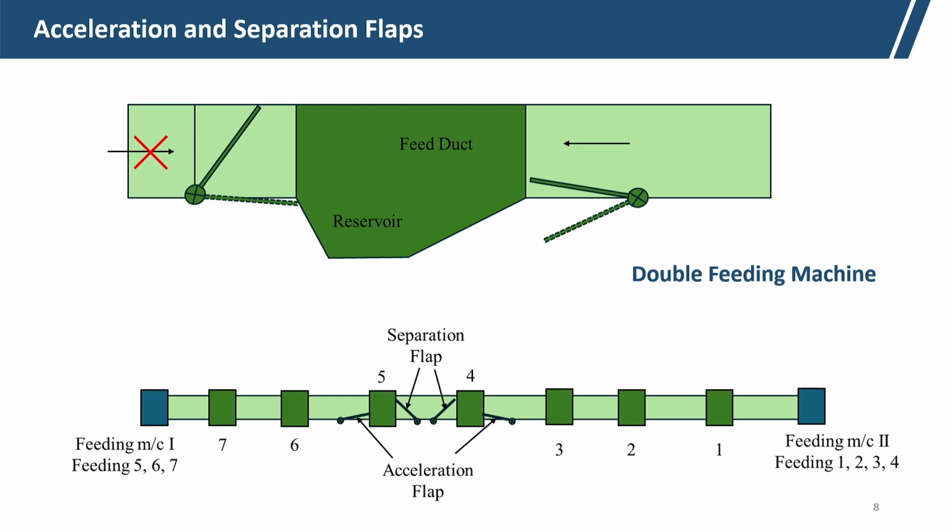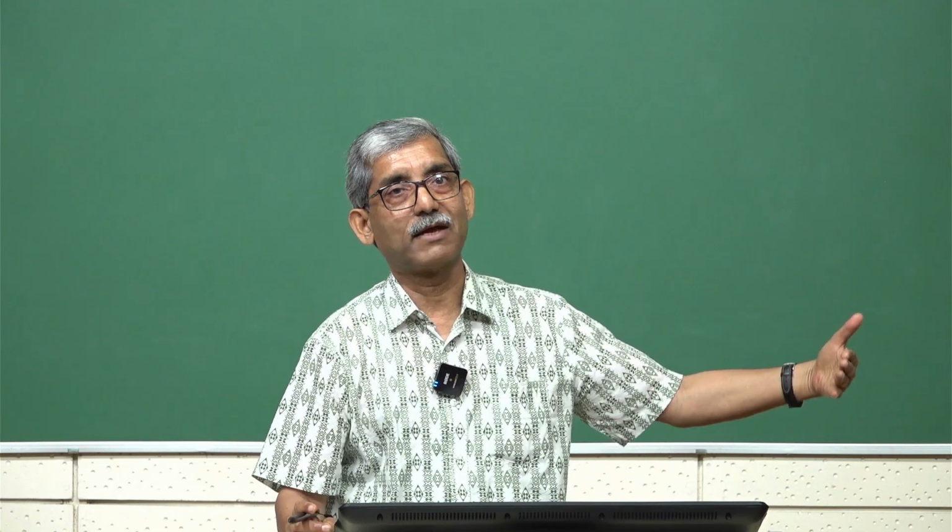For that we use the double feed system. Here this is feeding machine 1 and feeding machine 2. Feeding machine 2 feeds machines 5, 6, 7, these 3 machines, and feeding machine 1 feeds cards 1, 2, 3, 4. That way you can manage all the 7 cards.